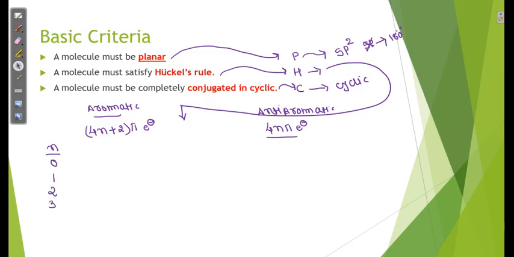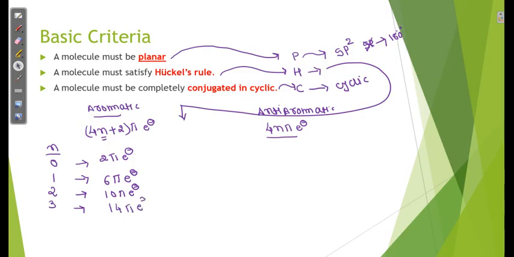If we keep 0, then we get 2 pi electrons. N is not a ring or anything; it is a natural number. If we keep n equal to 1, then we get 6 pi electrons. If n is equal to 2, we get 10 pi electrons. If n is 3, then we get 14 pi electrons.